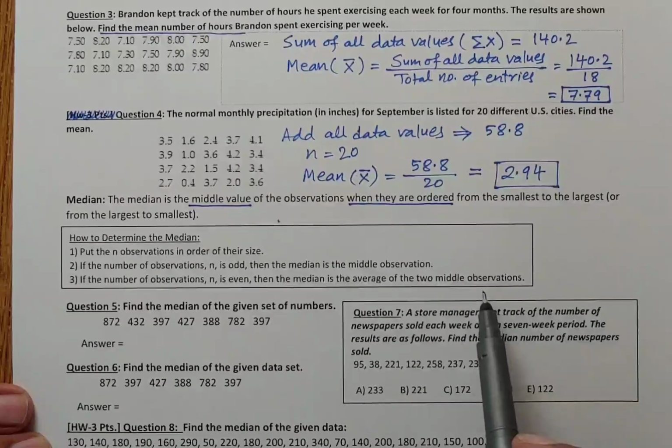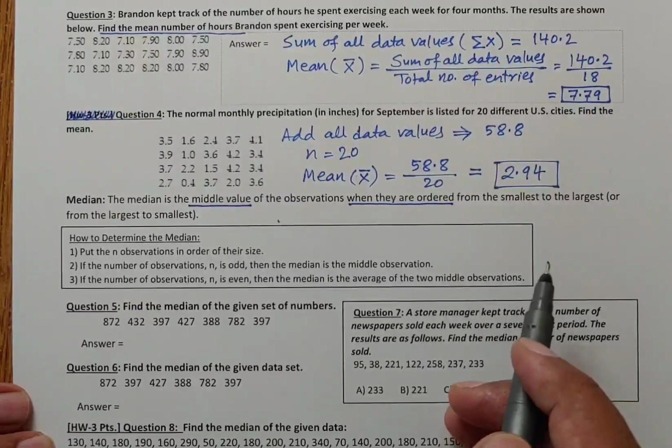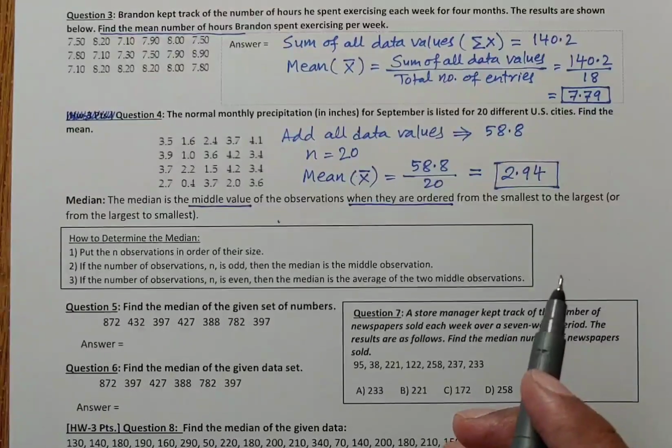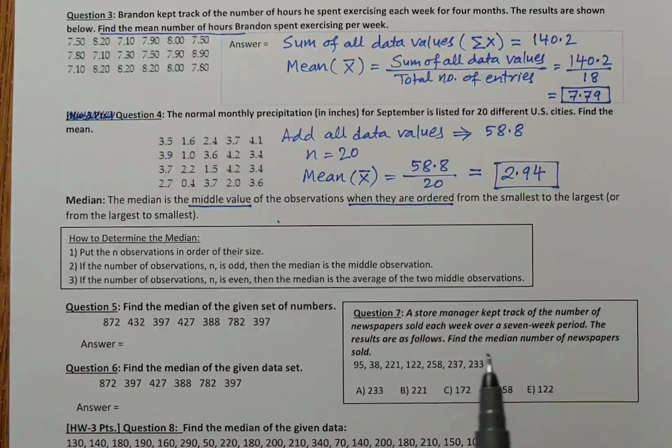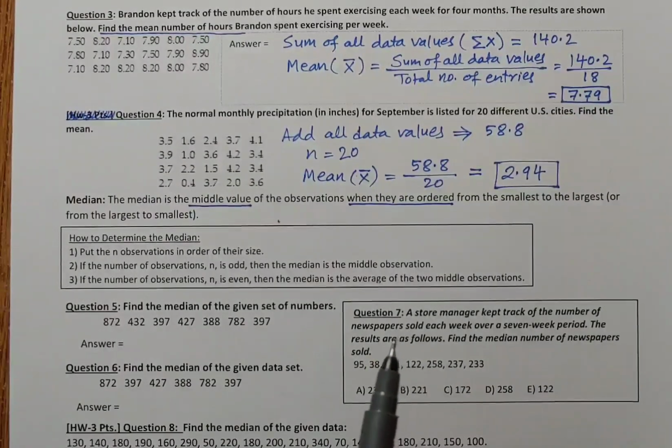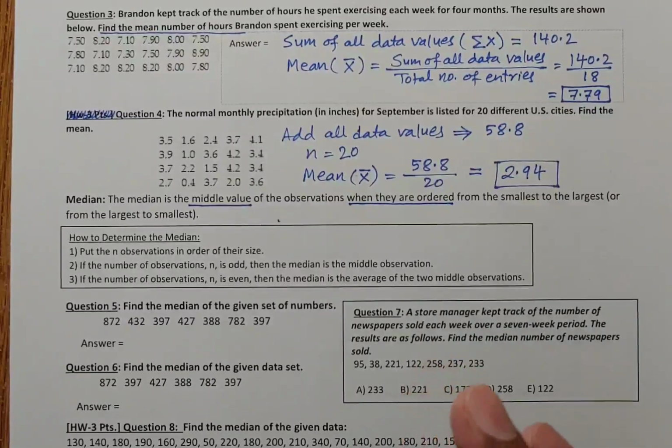So why is that? When you have an odd number of data values, you get just one middle number. But if you have an even number of data values, then you will get two numbers in the middle.